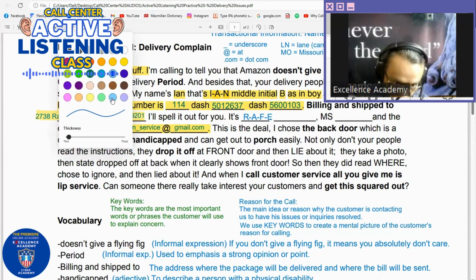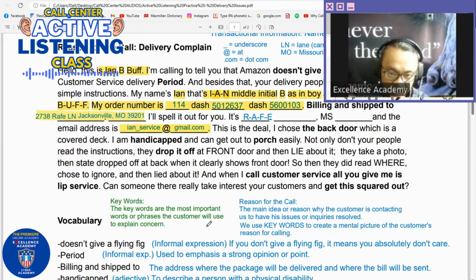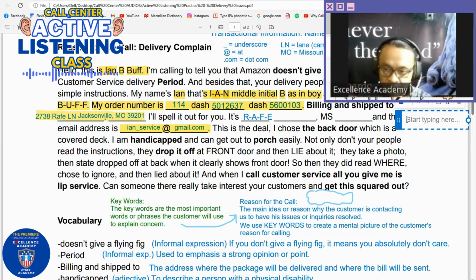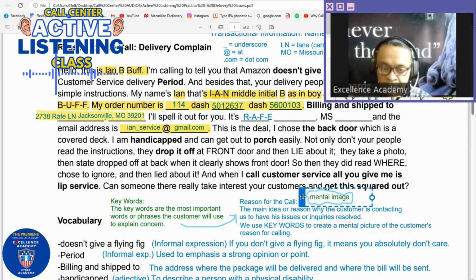So from the keywords, we'll take the keywords, and from the keywords, we'll create a mental picture. In our mind, we'll create a mental picture of what the customer needs, a mental image of what the customer requires. Okay, so the keywords will help us create that mental image.